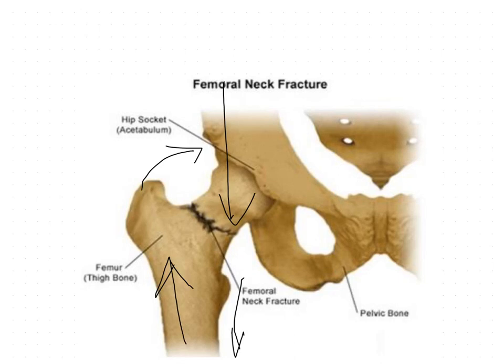Another thing we can see related to the fracture is avascular necrosis. If the neck of the femur is fractured, as we know many arteries are related here. Normally at the anterior inferior aspect, the femoral artery is related, and the head of the femur is supplied by the obturator artery.